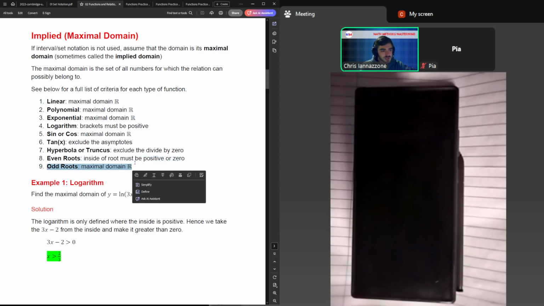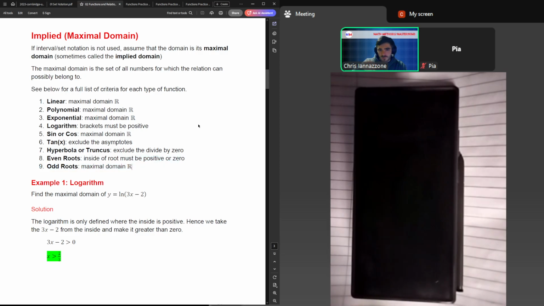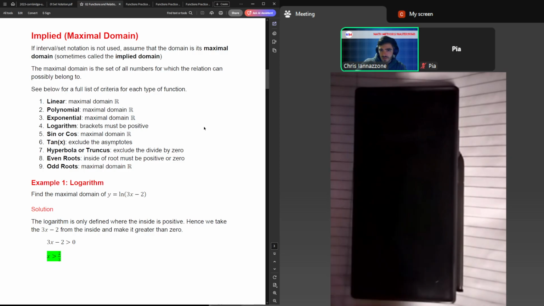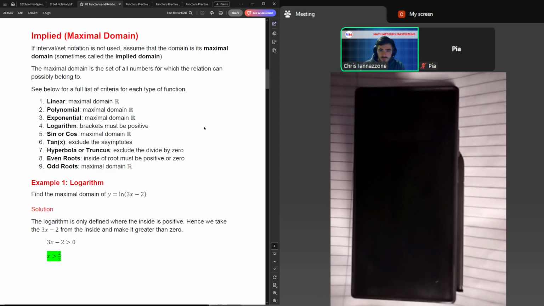Although strangely enough, the odd roots, so like the third root, the fifth root, and so on and so forth, all those odd numbers, they actually don't have any restrictions. They can go negative. And you might remember that from the cube root just being like 3 numbers that multiply together to give a number. And when you have 3 numbers, you can actually ping pong between being negative and positive. So that allows you to have all the numbers as part of that.